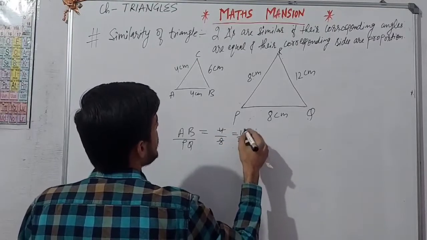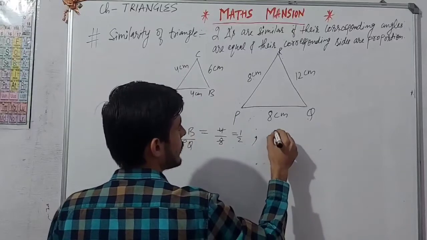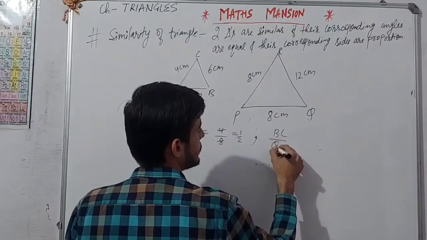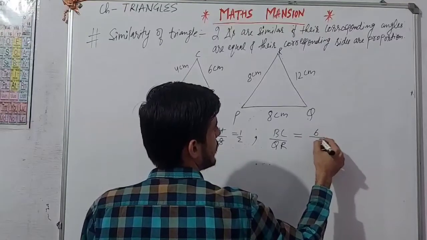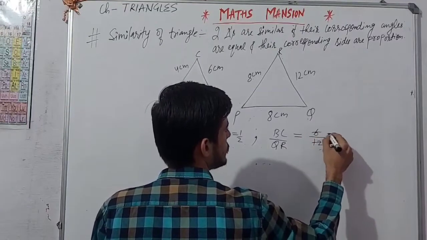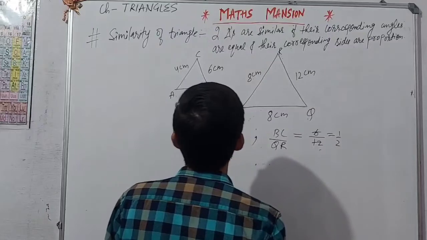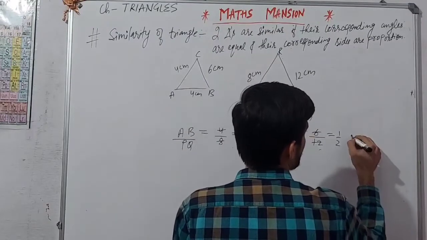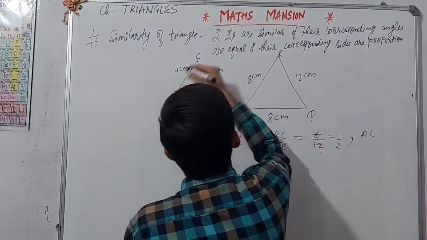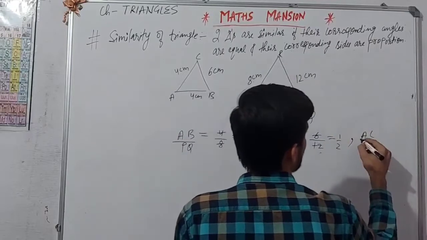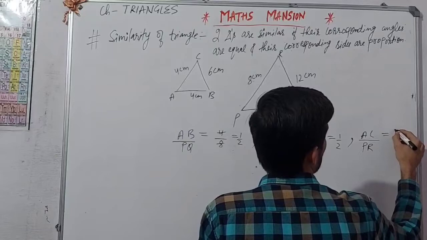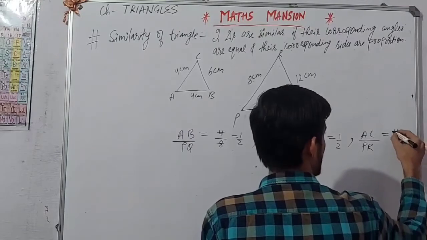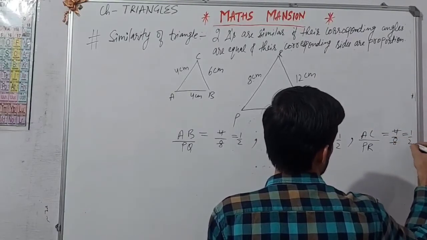Again, BC upon QR is equal to 6 upon 12, which also reduces to 1 upon 2. Again, AC upon PR is equal to 4 upon 8, which again will reduce to 1 by 2.